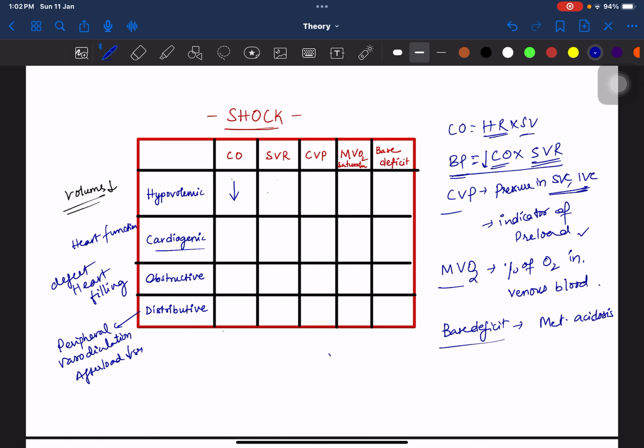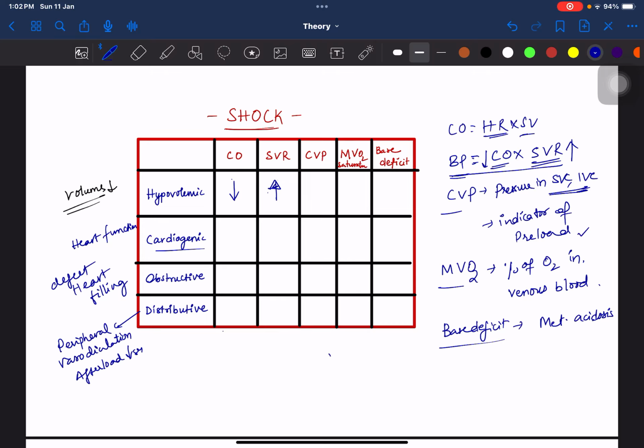So the systemic vascular resistance has to be increased. An increase in systemic vascular resistance means, of course, there occurs peripheral vasoconstriction throughout the body. Because of this you have cold skin in hypovolemic shock, right?